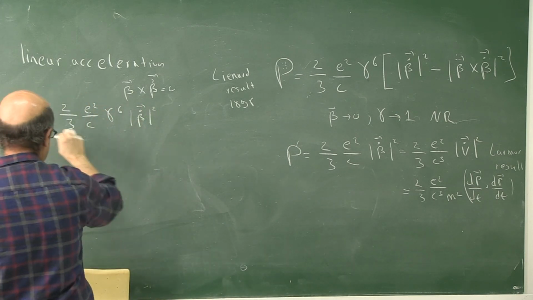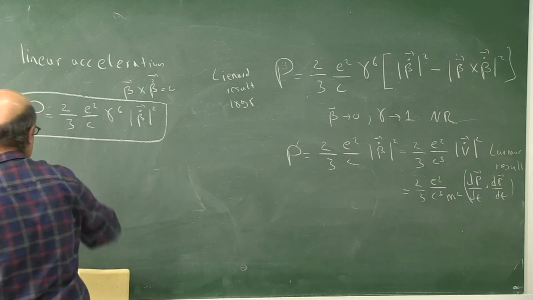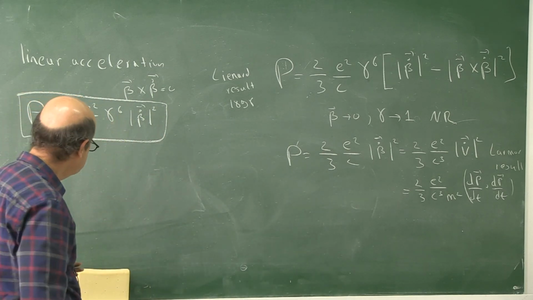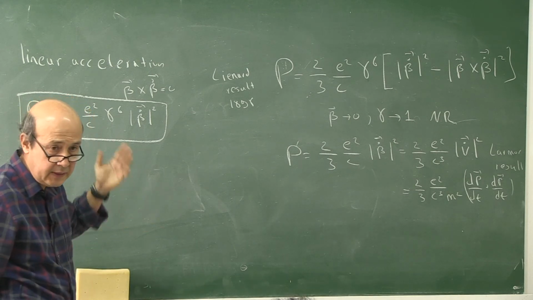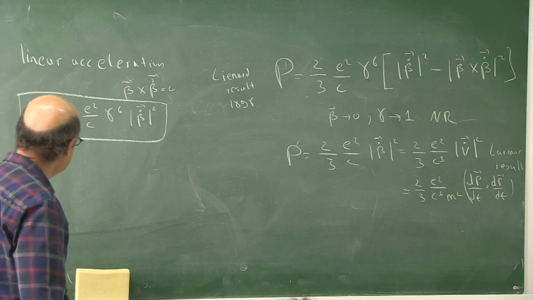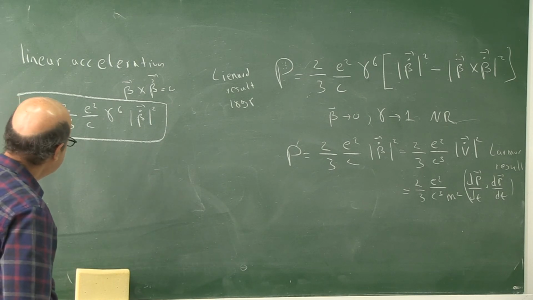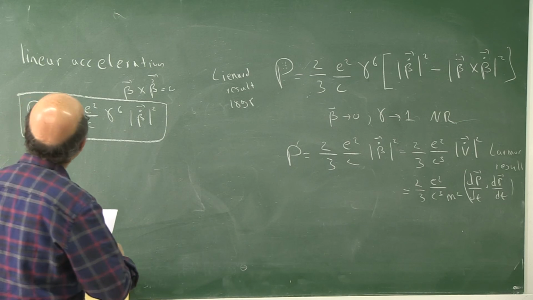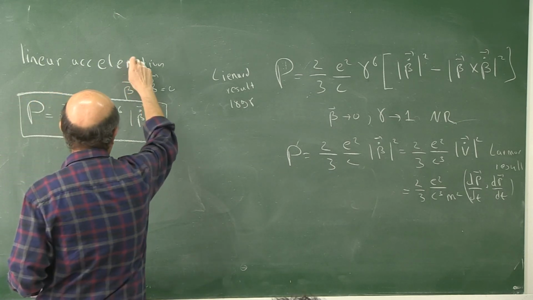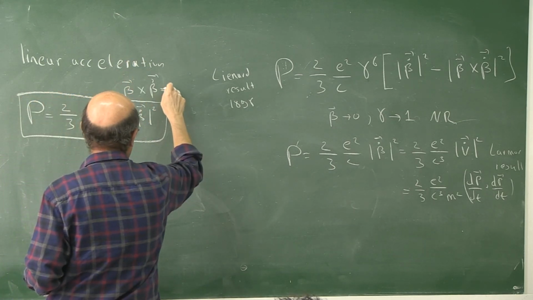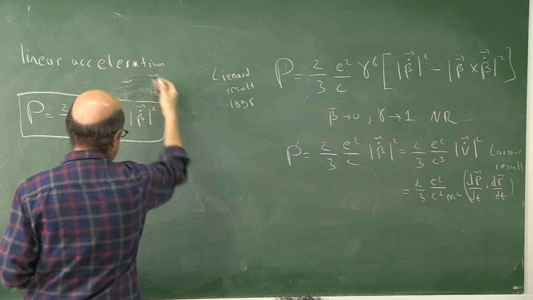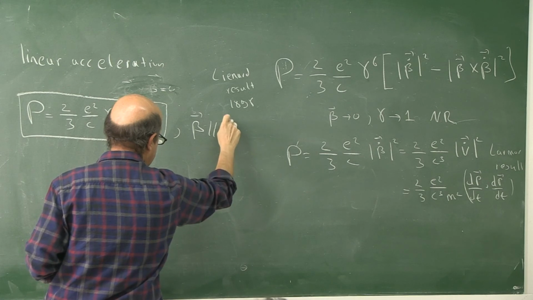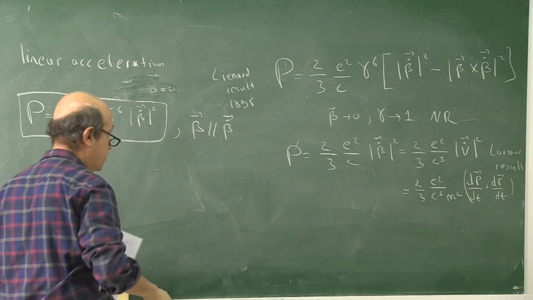As you see, if gamma is high, powers are high, on the order of gamma to the 6. If gamma is 10, then 10 to the 6 is a huge number. But this is the form of the linear acceleration. Beta and beta dot are parallel to each other, so you can ignore the other term.